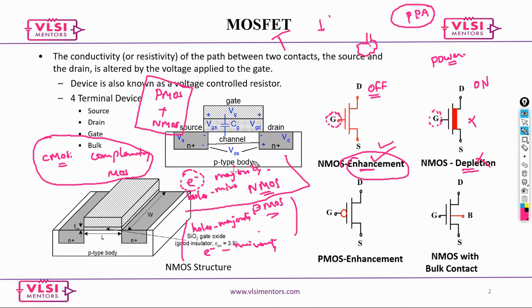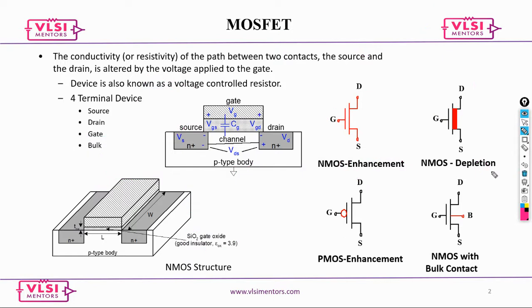Now let's try to understand how an NMOS operates. Before that, remember, there is an important property that we always use when it comes to MOSFETs. That is something we call W and L. Look at this from a 3D structure.